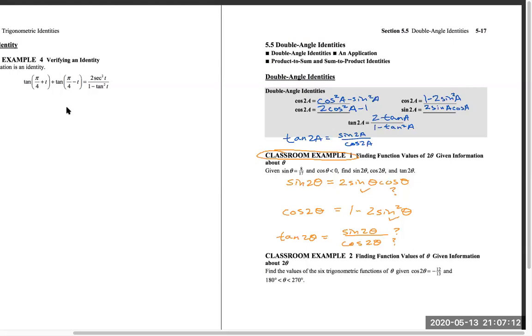Okay, so let's start with sine 2 theta. We're going to need to find cosine theta first. We know that it's negative.